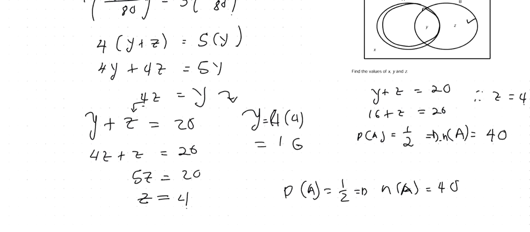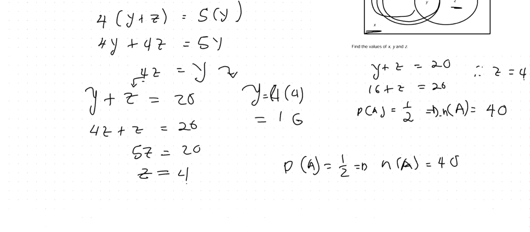So if the total of A is 40, it means that Z plus X should be equal to 40, because it's half of 80. So we'll have X plus Z is equal to 40. We have already calculated Z, so then X would be 36.